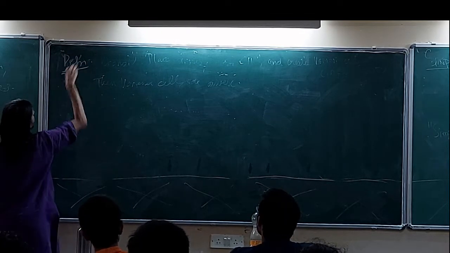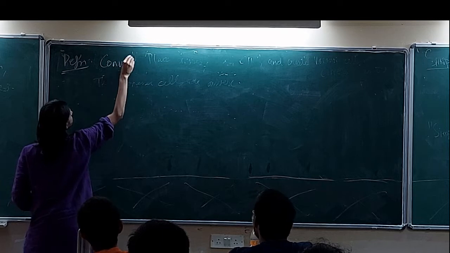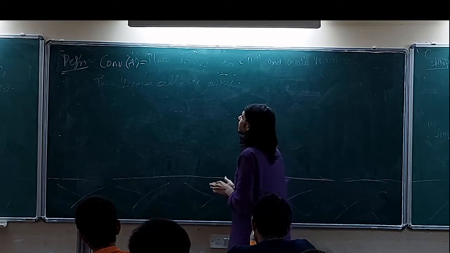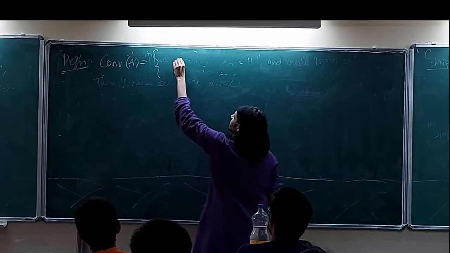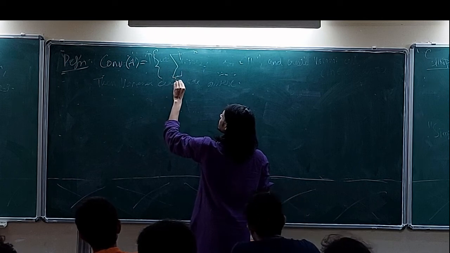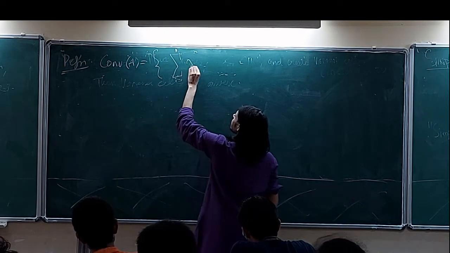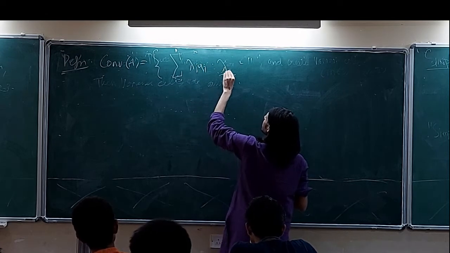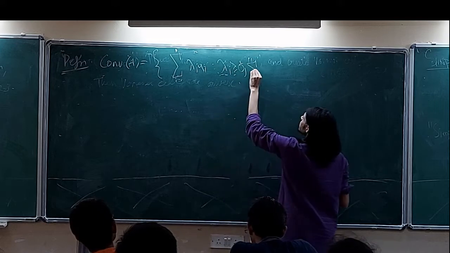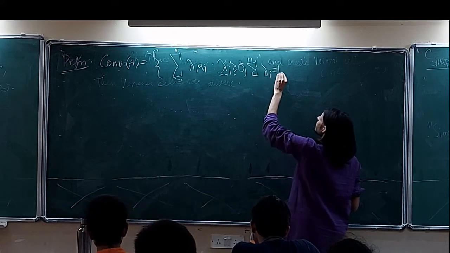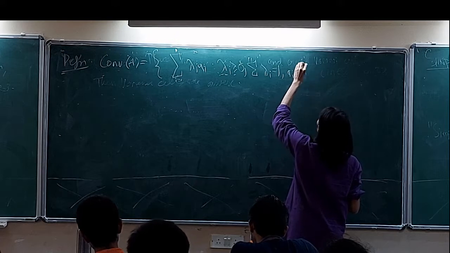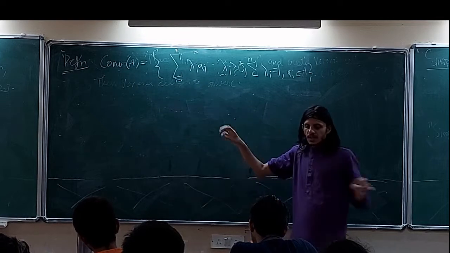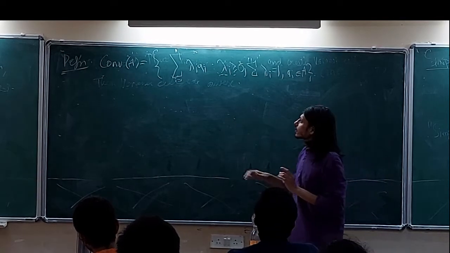Definition: the convex hull of A is the smallest convex set containing A, but it turns out that it's better to define it like this: the summation over i equal to 1 to n of lambda i times a i, where the lambda i's are non-negative, the sum is 1, and the a i's belong to A. So you take all possible convex combinations of these a i's, and what you get out of that is the convex hull.